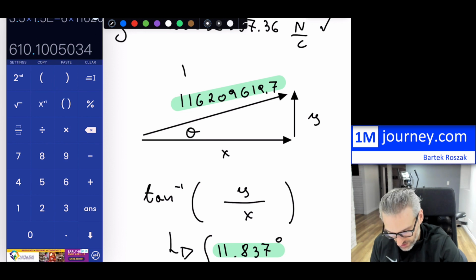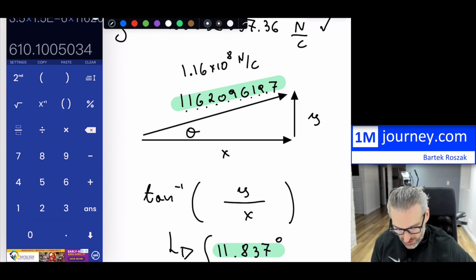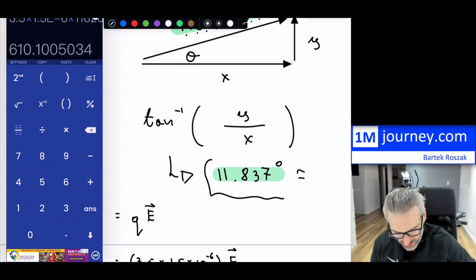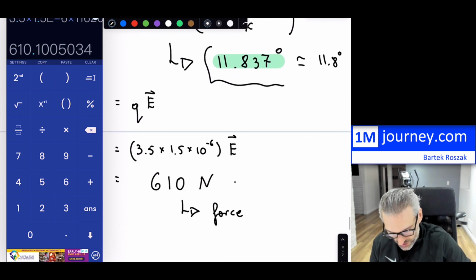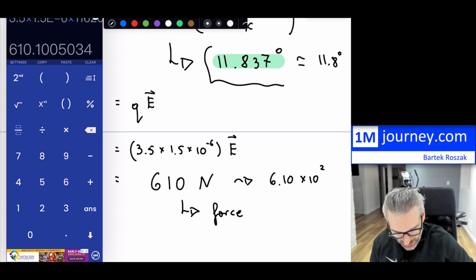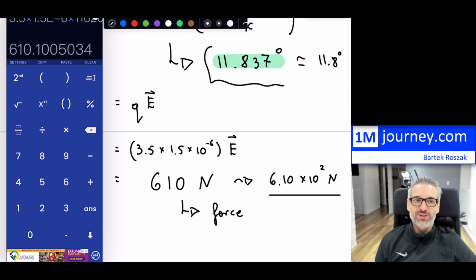So for instance, we could have said that this is 1.16 times 10 to the 1, 2, 3, 4, 5, 6, 7, 8, and that would have been newtons per coulomb. We can also use prefixes if we wanted to. So this right here, rounded, would have been 11.8. And then, of course, you can put this to 3 sig figs like that. And that would have been your answer to the last one.